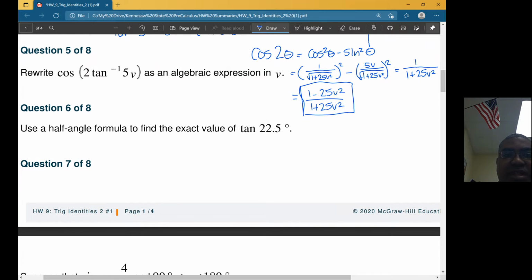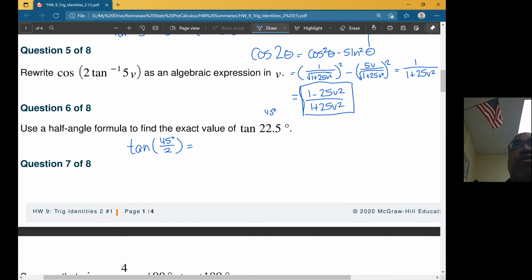Use a half angle formula to find the exact value of tangent of 22.5. Okay, so what we know is if I multiply this by 2, this becomes 45 degrees. So this is tangent of 45 degrees over 2.